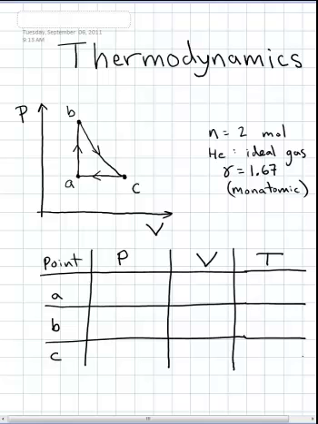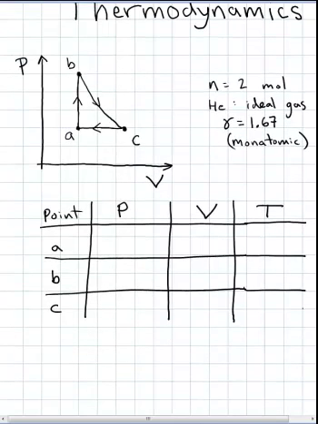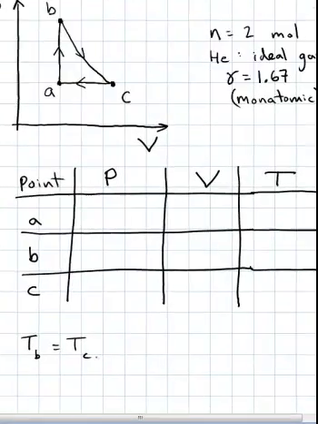Okay, so here are our points, and the first thing I'm going to start off with is just sort of figuring out what I know and start filling some things in. So I know right off the bat that T, the temperature at B, is equal to the temperature at C, because that's an isotherm. And I think that was given.